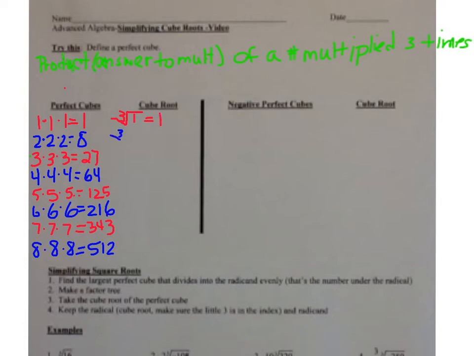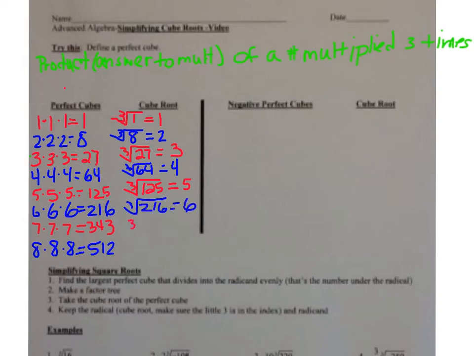The cube root of 8 is 2. The cube root of 27 is 3. The cube root of 64 is 4. The cube root of 125 is 5. The cube root of 216 is 6.